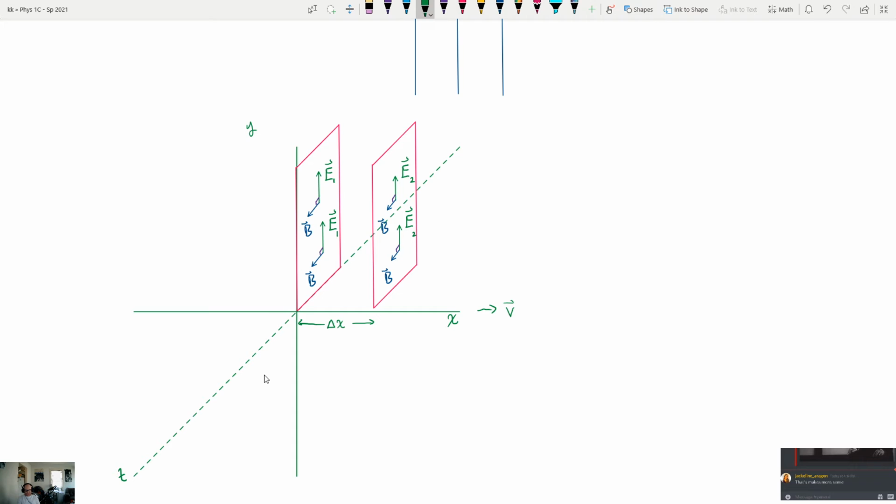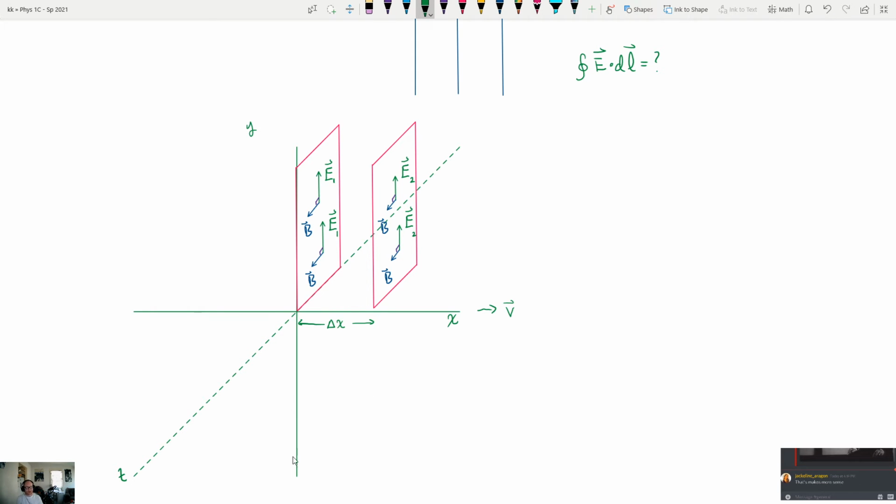Now we are going to use Maxwell's equations. The first one we're going to use is Faraday's law. We're going to calculate the integral of E dot dl in this situation.